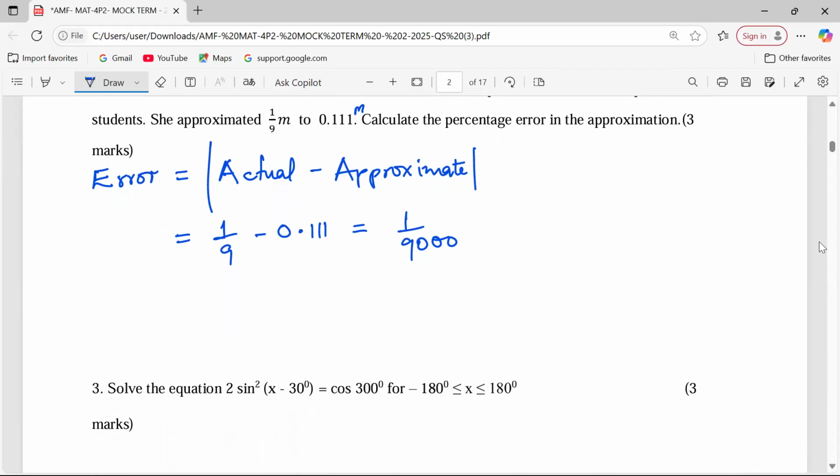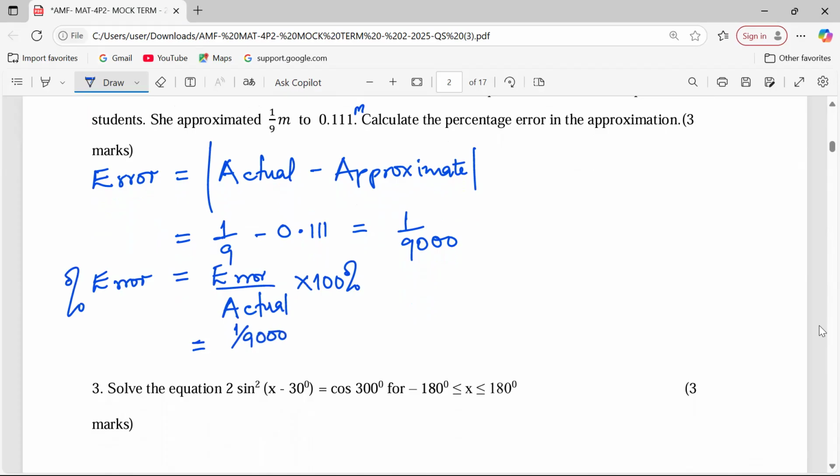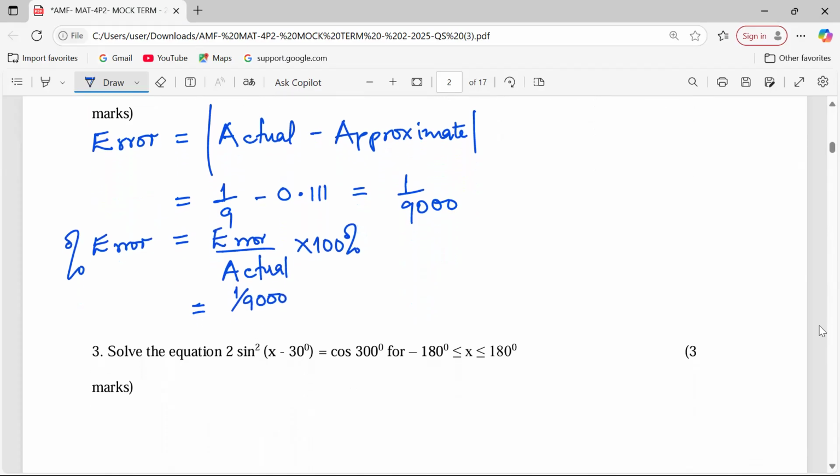All right, so when we talk about percentage error, we take the error out of the actual value. Then we express it as a percentage by multiplying by 100. So 1/9,000 divided by the actual value, which is 1/9, then multiplied by 100.